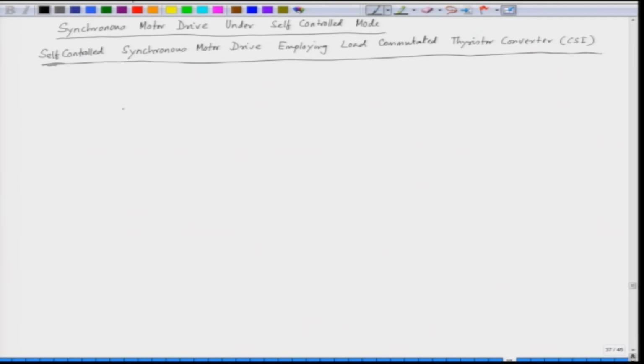We have two converters here. One is a source side converter. This is a source side converter using SCRs.